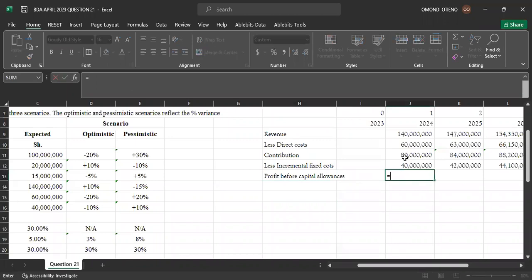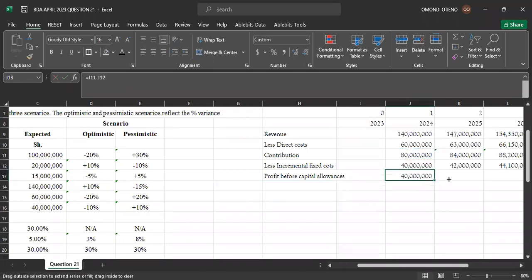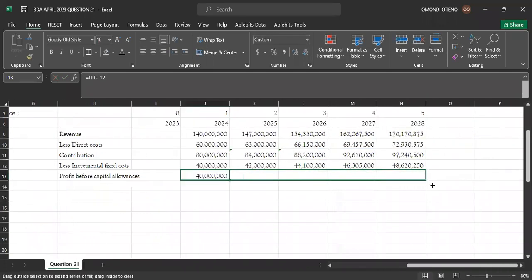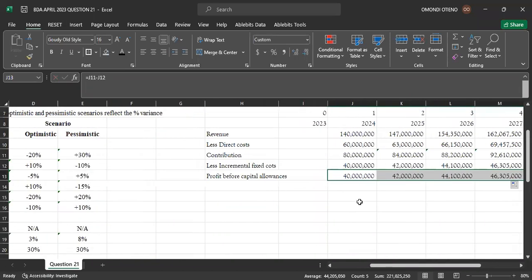Profit before capital allowances is the contribution less incremental fixed costs. So that is what we have as our profit before capital allowances. Negate the direct cost. Okay, you can insert a negative or just work with them and then you're going to subtract.